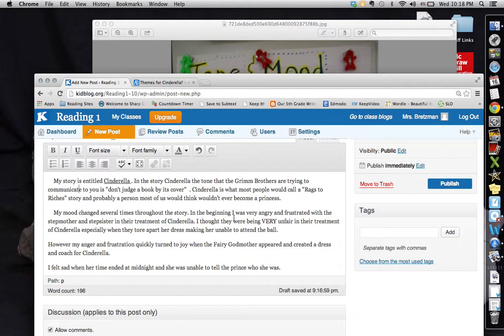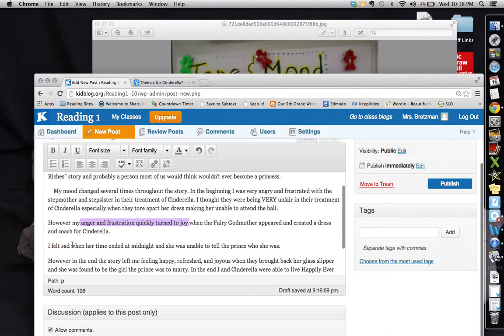And you'll see right here I was very angry and frustrated with the stepmother and stepsisters and how they treated Cinderella. I thought it was very unfair. You see this word unfair here when they tore her dress. But I told you that my frustration and anger quickly turned to joy when they created a dress and a coach, and I felt sad when her time ended at the ball and the prince did not know who she was.